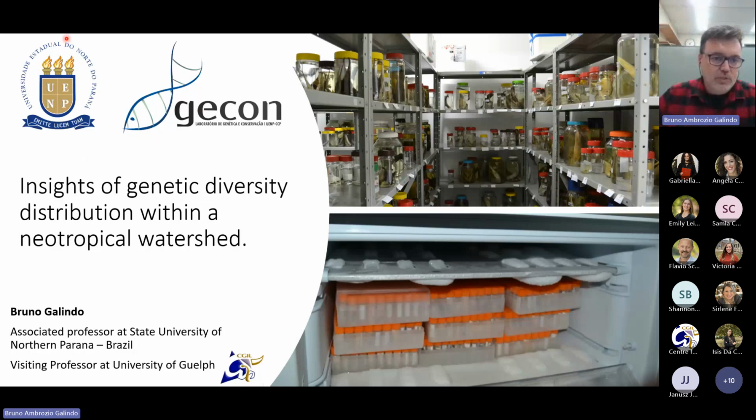I am from the State University of the Northern of Paraná, and from a laboratory called GECON, a conservation genetics laboratory. I chose these two pictures to start because they show two levels of biodiversity, the species level and the molecular level, which we are going to go a little deeper into this afternoon.